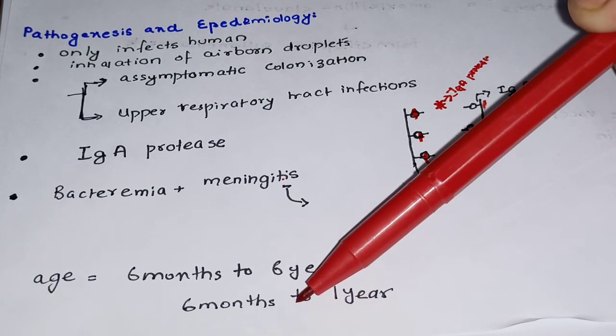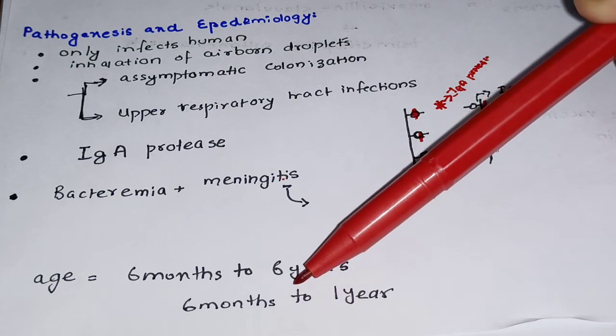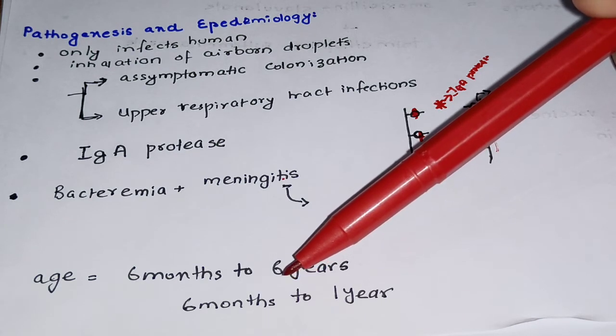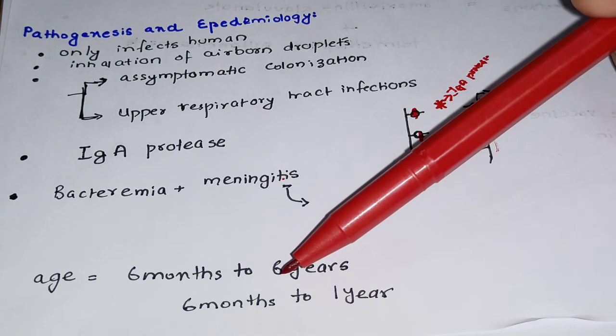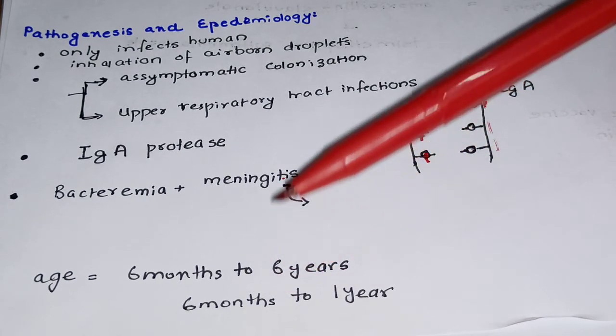Because when the children have the infection, their immune system is not strong enough to protect them. In children, their own immune system is not yet well developed, and their whole immunity is due to their maternal immunoglobulin G. Hence, they are more prone to be infected.